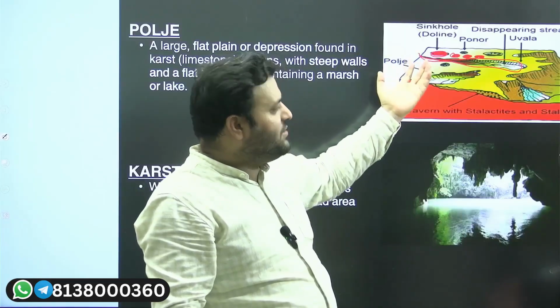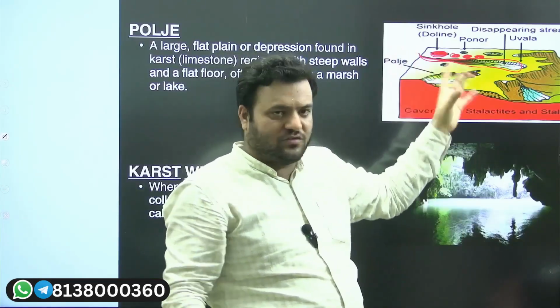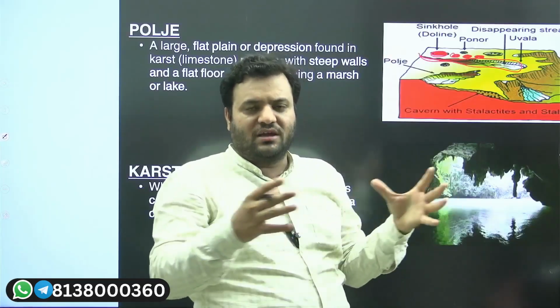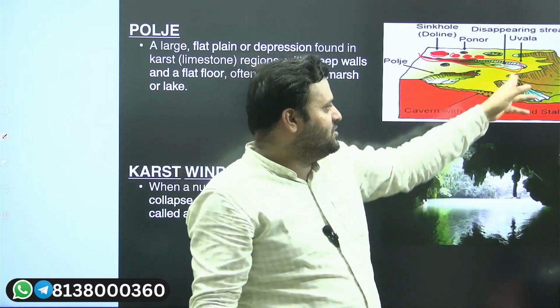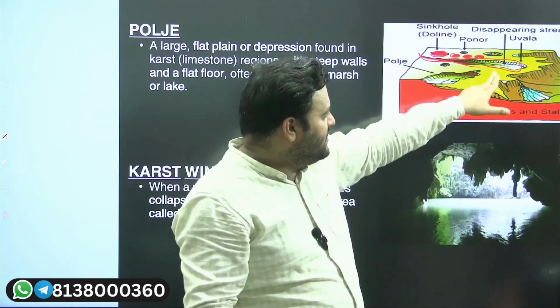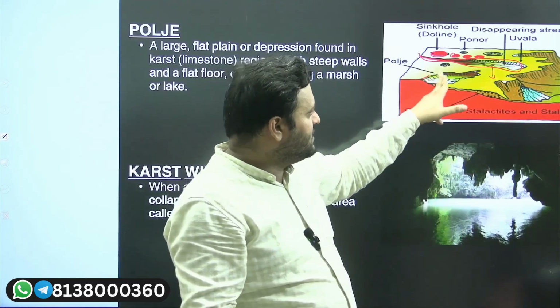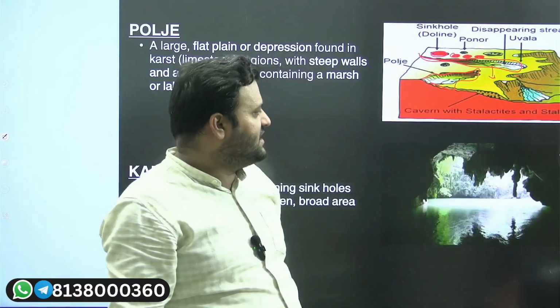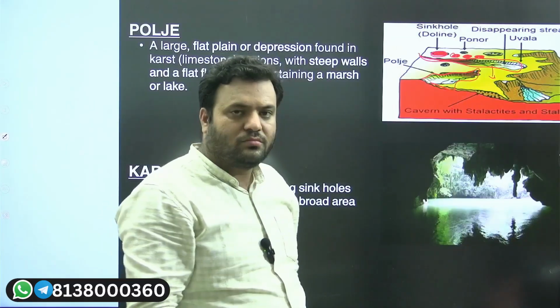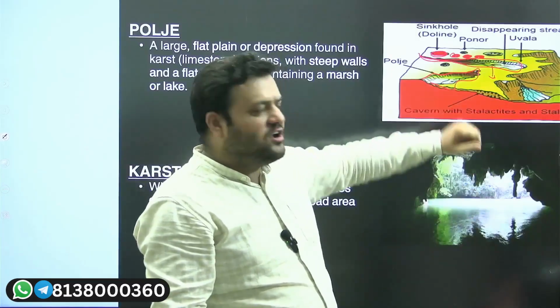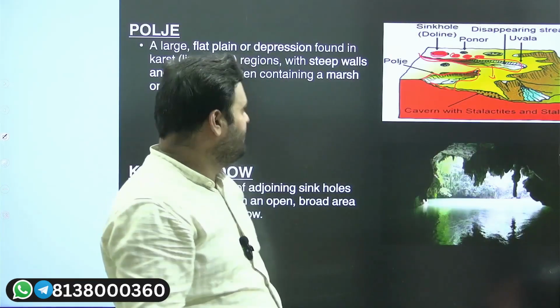Sometimes many dolines might collapse and join together, and then we have a formation of Uvalas. If the Uvalas are further subjected to weathering or erosion, we will have a lake which is formed, referred to as what? Poljes. So these kinds of topographical features would be there.